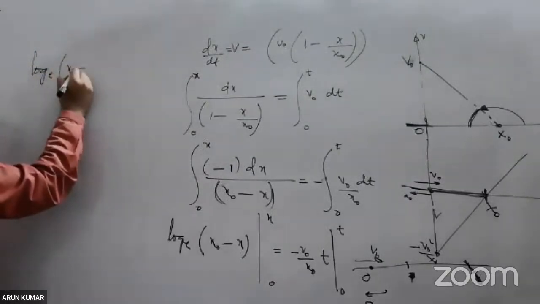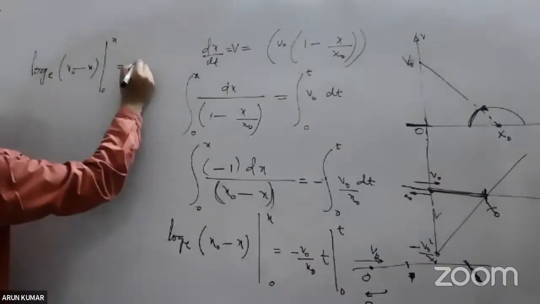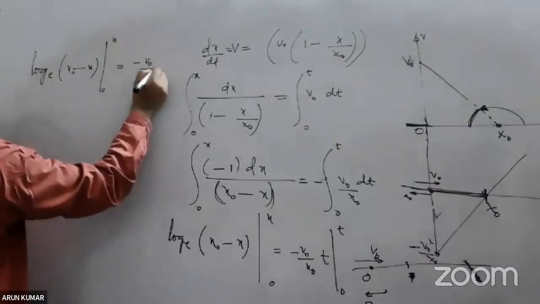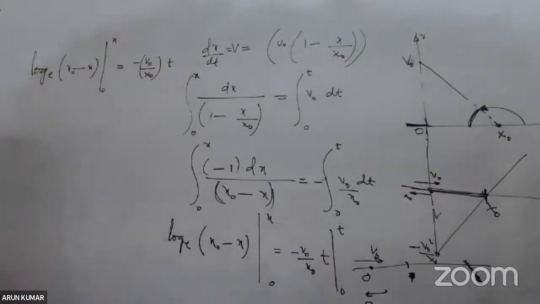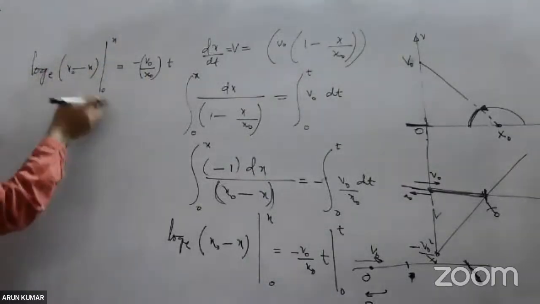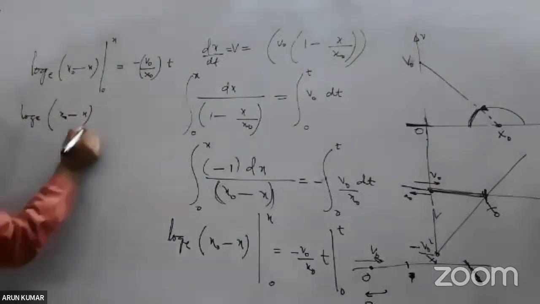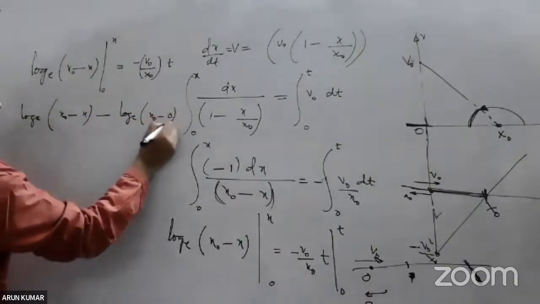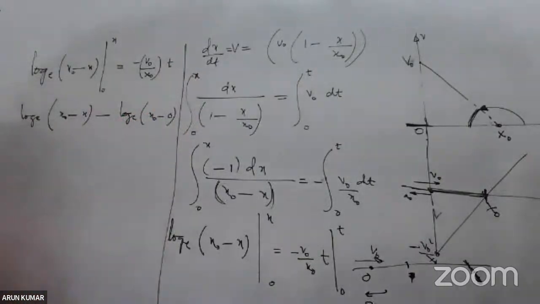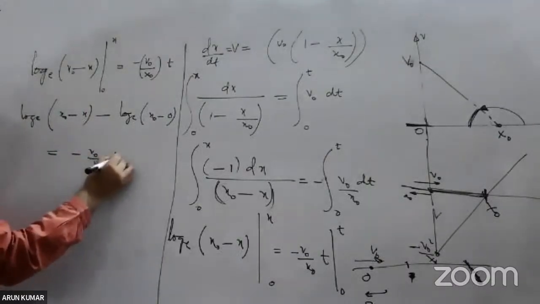So I'll integrate this. Now after integrating, I'll substitute the limits. Log to the base e of x naught minus x, the limits 0 to x, is equal to minus v naught by x naught t. I substitute x first and then I substitute 0. So log e of x naught minus x minus log to the base e of x naught minus 0 is equal to minus v naught by x naught into t.